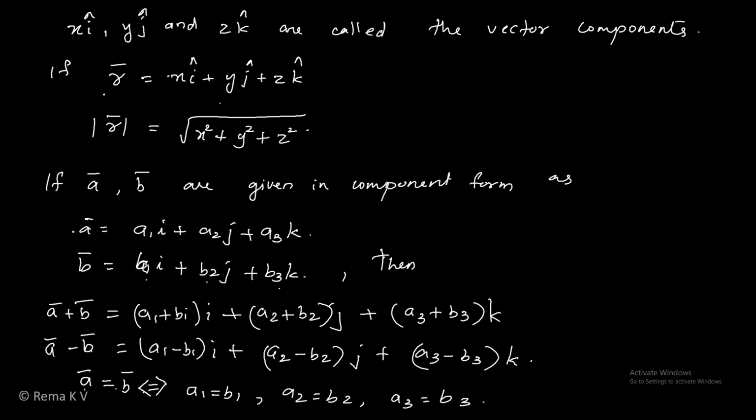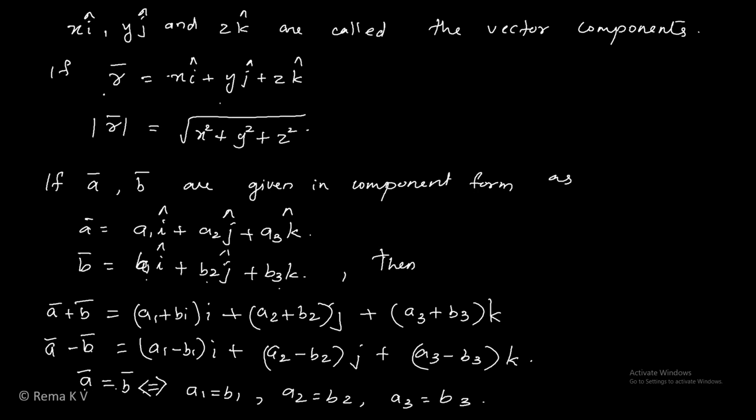So here vector A and vector B are given in component form where a1, a2 and a3 are called the scalar components. a1i, a2j, a3k are called the vector components.